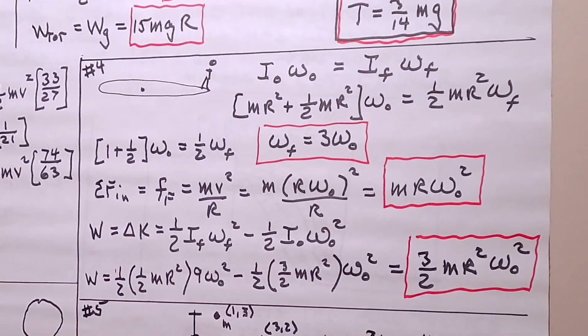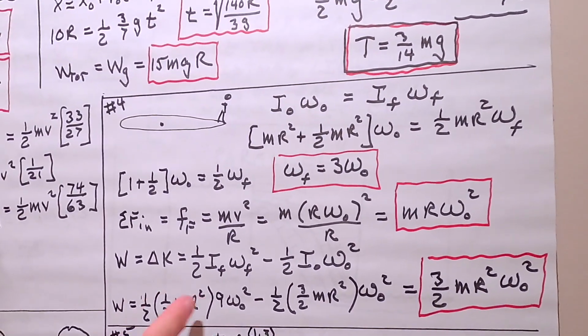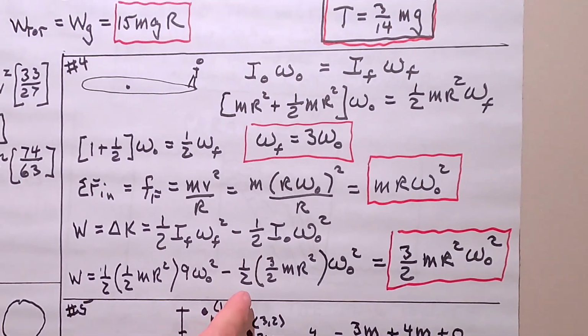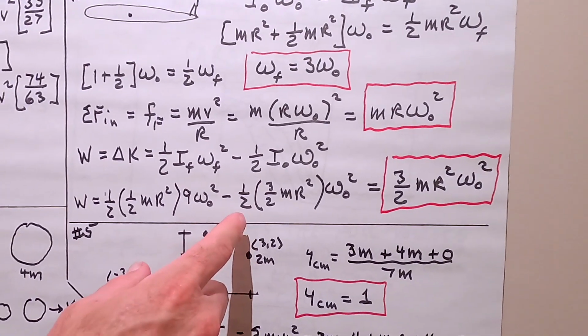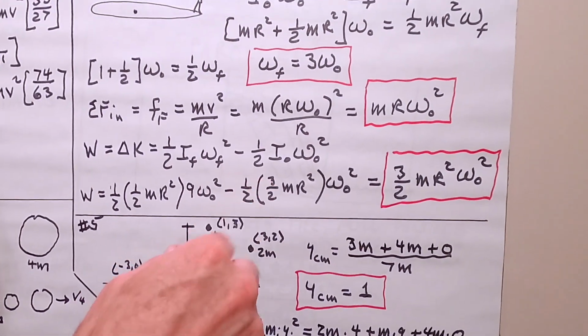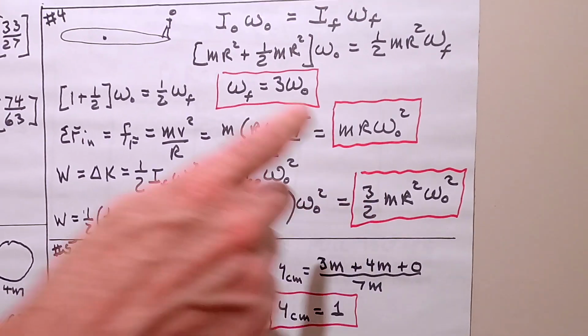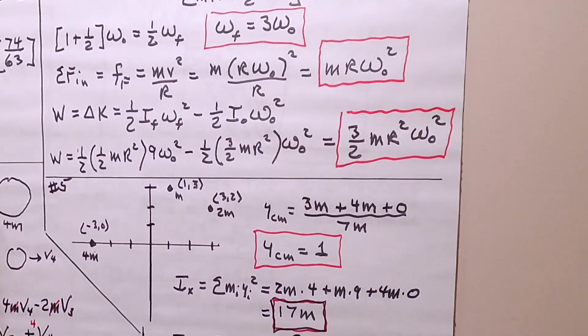Okay, and then we can just combine these two together right here. This is 9 force, this is 3 force. 9 force minus 3 force is 6 force, which is 3/2 mr squared omega naught squared.